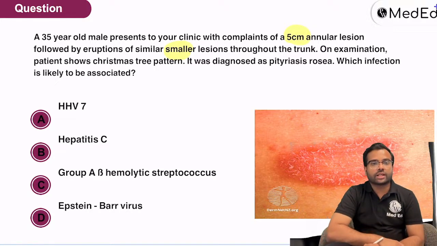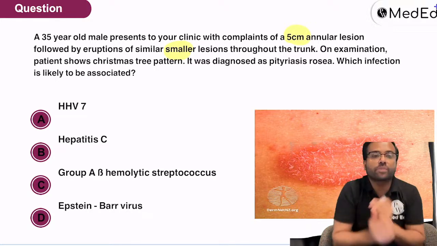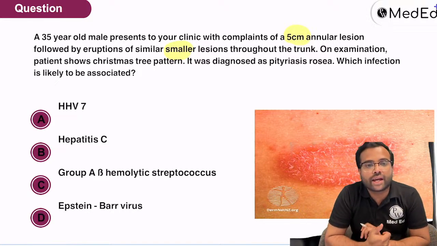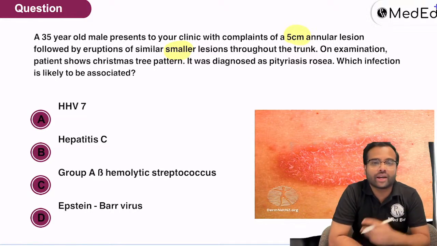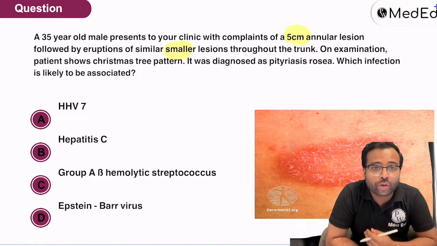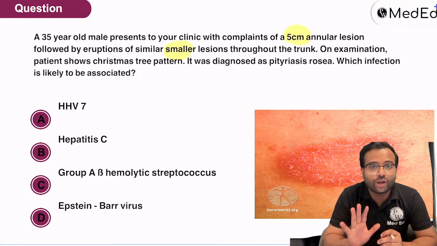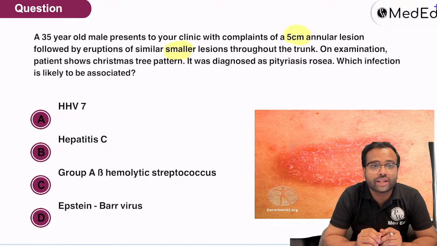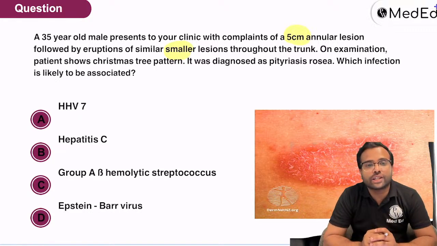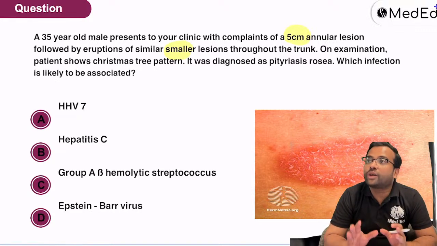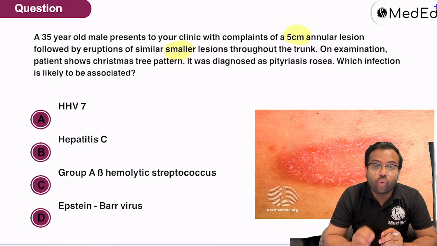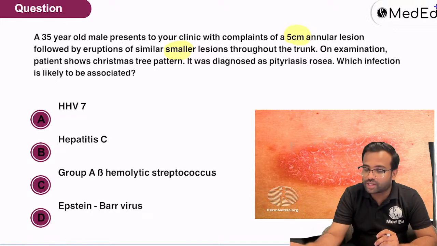On examination, the patient shows a Christmas tree pattern and it was diagnosed as Pityriasis rosea. We wasted so much time, because they have given us the diagnosis also. So this annular lesion could be the herald patch, then multiple smaller lesions over the trunk, and now the diagnosis is Pityriasis rosea. What is the infection likely associated?